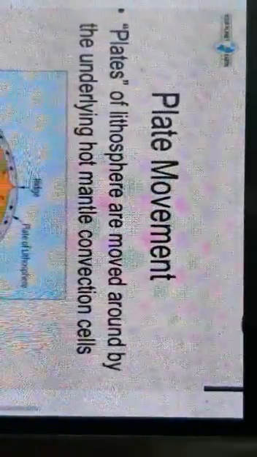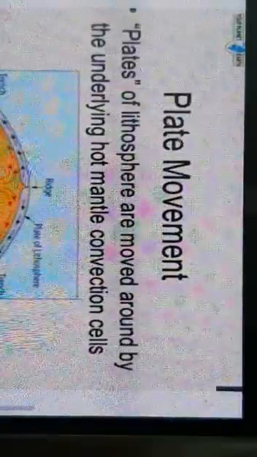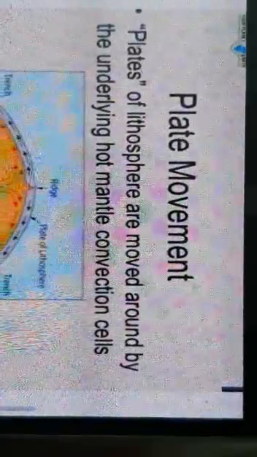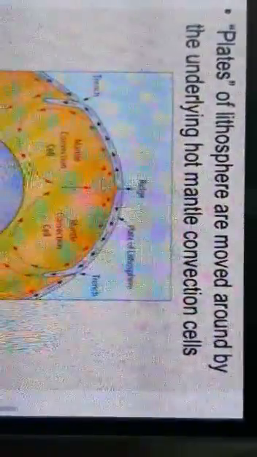The next question is what plate movement means, and how plates can move when they are bulky and huge in size. Plates of lithosphere are moved around by the underlying hot mantle convection cells.